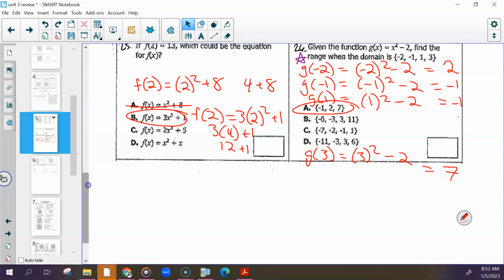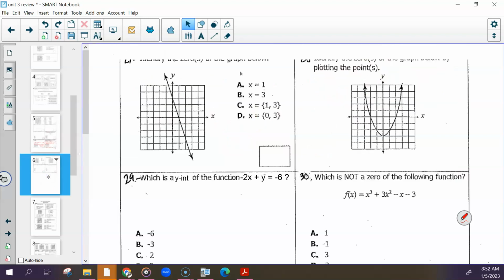Other questions in the review? Yes, that one. My directions got cut off.